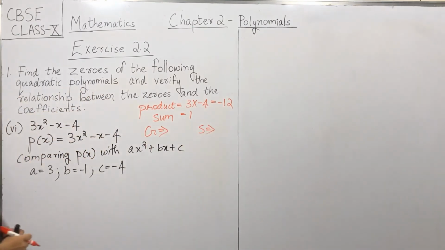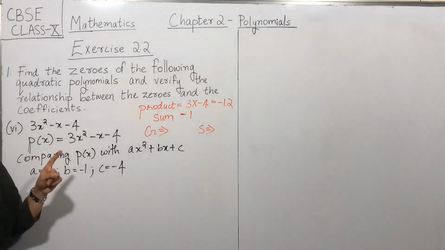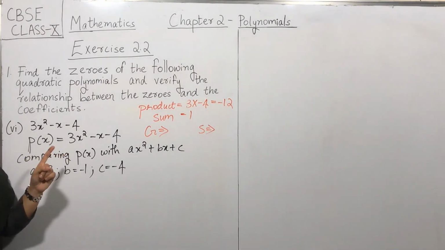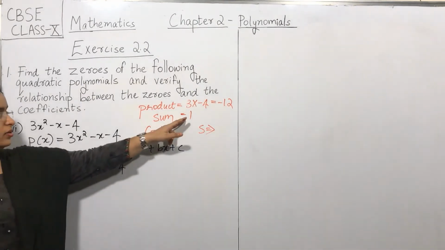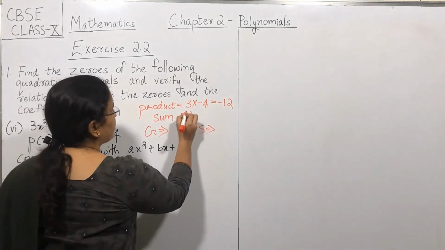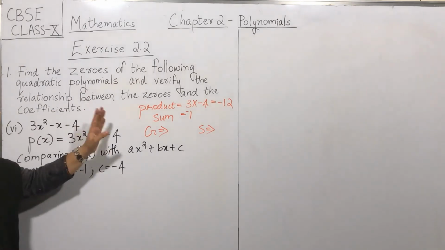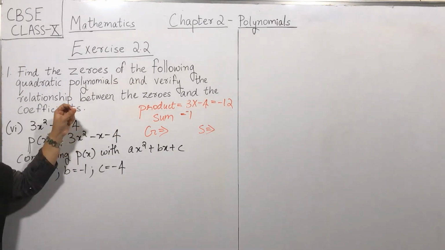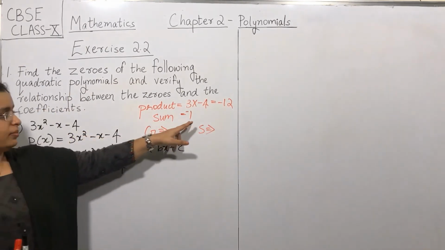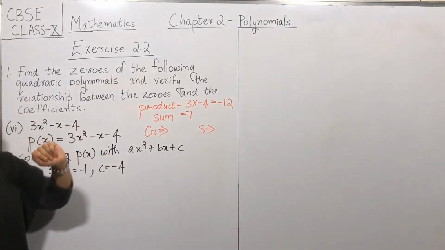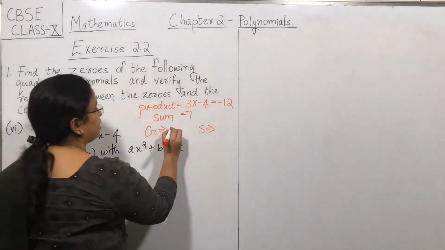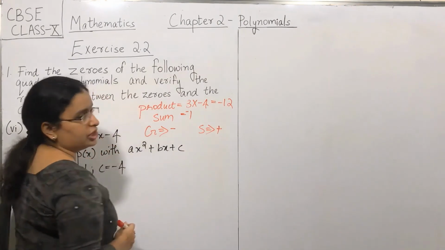Here the product is negative, which means one number is negative and one number is positive, while the sum is also negative. That means the greater number will be negative and the smaller number will be positive.